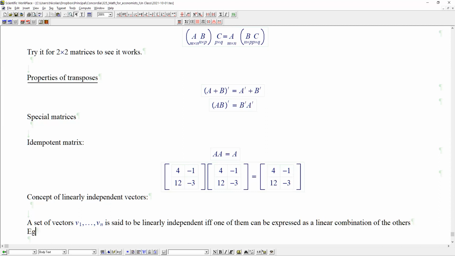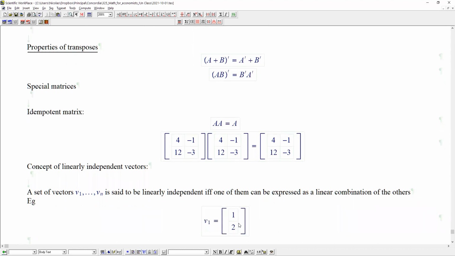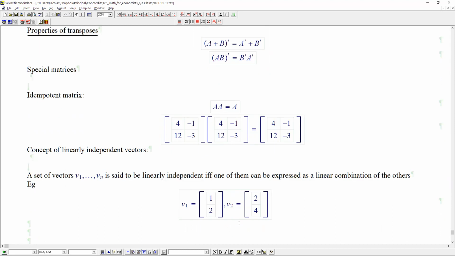So for instance, if you have v1 equals 1, 2, and v2 equals 2, 4, then you can say that v2 equals 2v1.